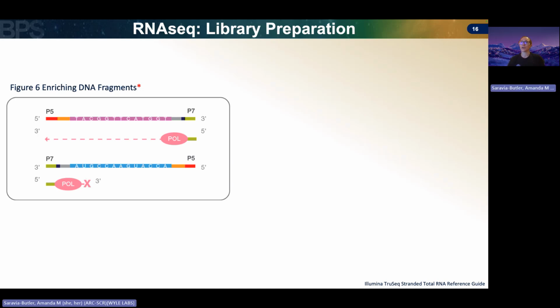And why this is important is this means that only one strand, only one orientation here is going to get amplified. And this is how it allows us to preserve the orientation of our original RNA that came from our sample. So if we didn't do this, both of these strands would be amplified in both orientations, and we would have no way of telling what the original orientation was.